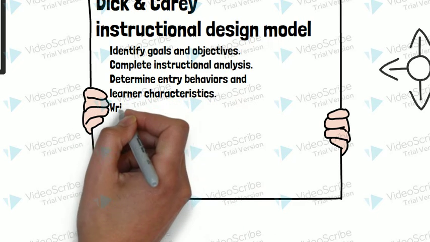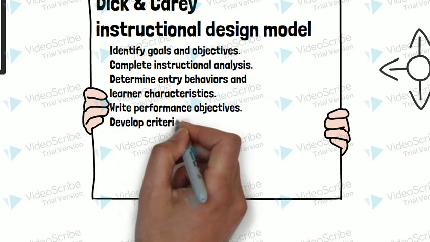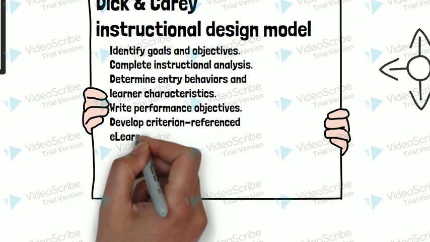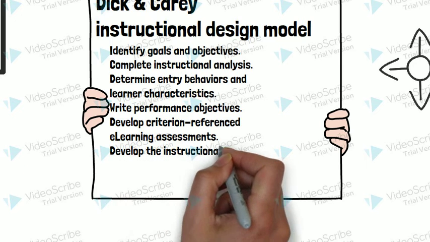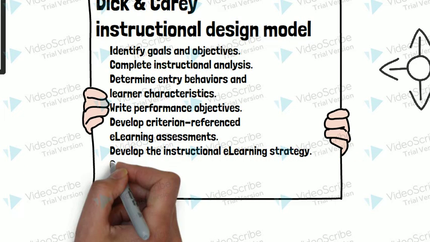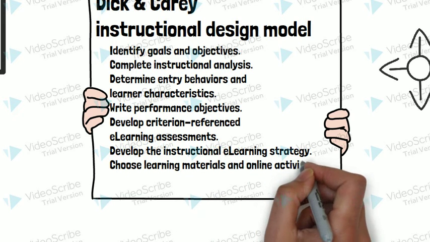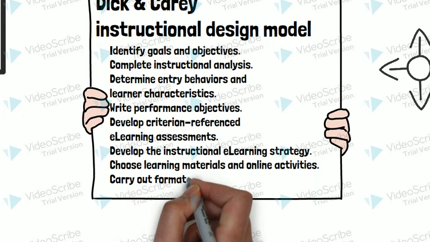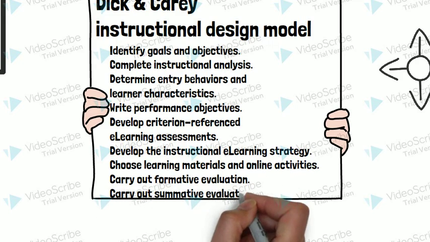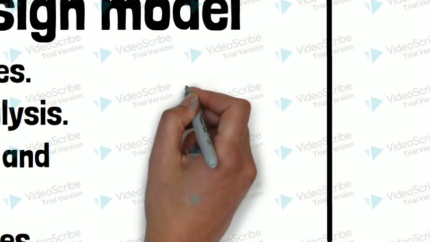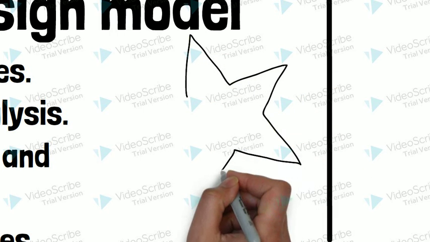So it includes: identify goals and objectives, complete instructional analysis, determine entry behaviors and learner characteristics, write performance objectives, develop criterion-referenced assessments, develop the instructional strategy, choose learning materials and online activities, and carry out formative and summative evaluations. So you can say that the Dick and Carey model includes much more detailed things.